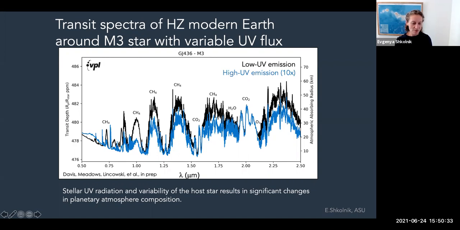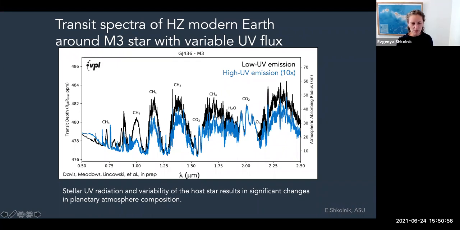And even though the observations are all done in the optical and infrared, the context of the UV is needed in order to interpret these longer wavelength observations of the planets. And you can see that the methane is highly depleted in a high UV environment. And the same is true for water and so on. And I'll show you some other examples as well.